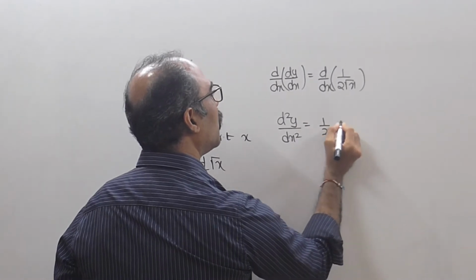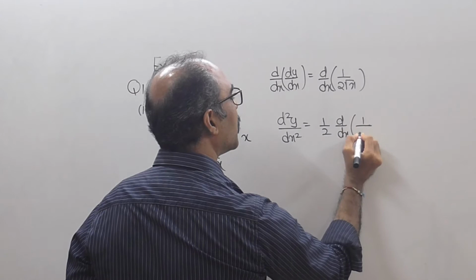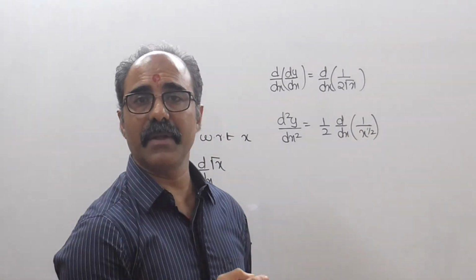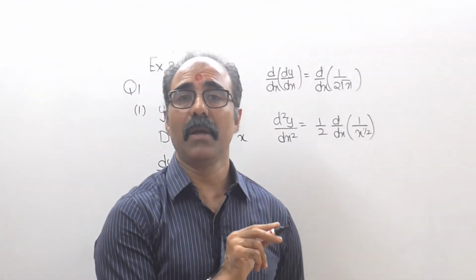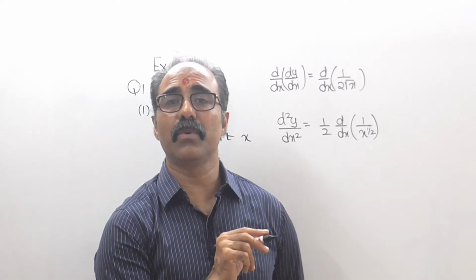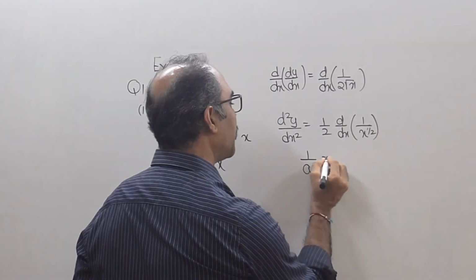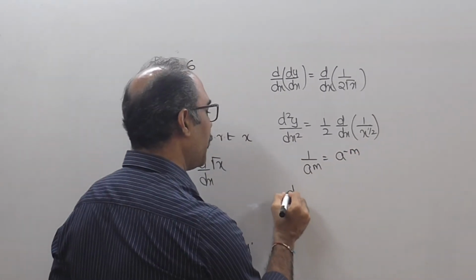We can take 1 upon 2 outside. We get d by dx of 1 upon root x. There is no direct derivative for 1 upon root x, so you can write it as x raised to half. In the subsequent step, you can write it as x raised to minus half by using the formula 1 upon a raised to m is equal to a raised to minus m, by using the law of indices.